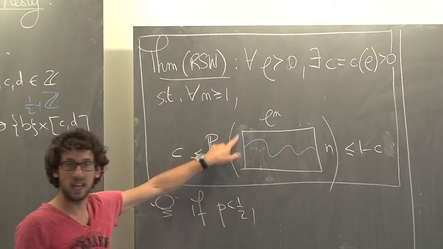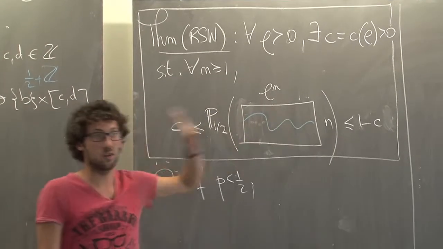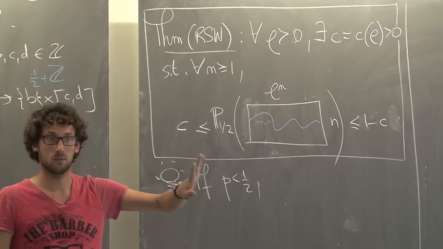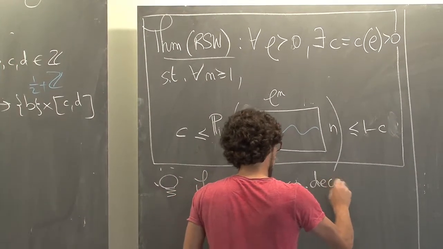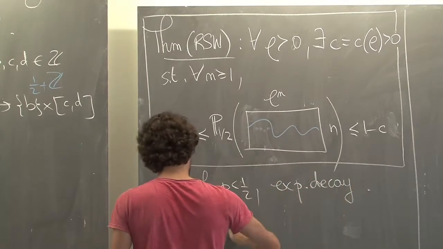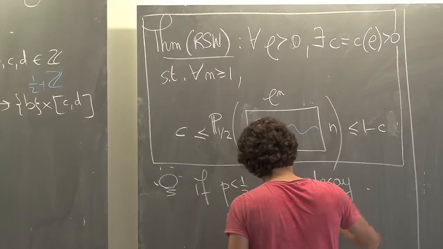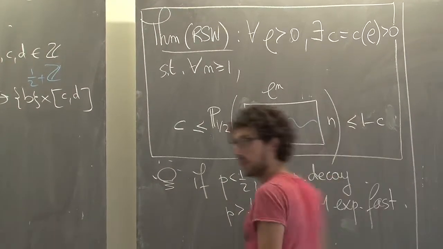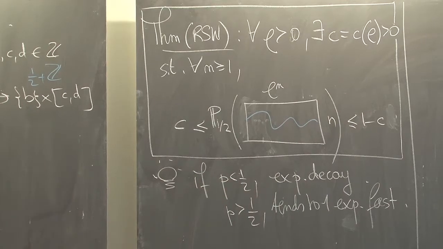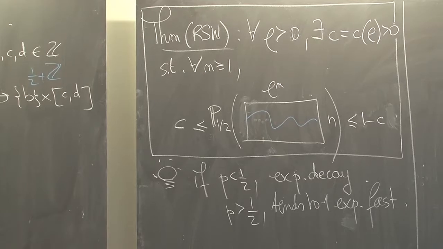Since you have only n points here, the probability of this crossing also decays exponentially fast. And I let you think why when p is larger than a half, it tends to 1 exponentially fast. So it's really a property specific to the critical point of 1/2.